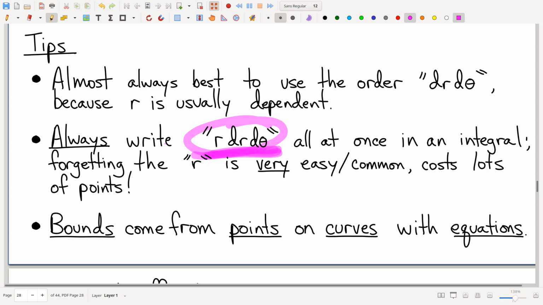If you just make a habit of never writing down dr d theta without writing r first, that will help prevent the always possible accidental screw-up where you forgot to insert your stretching factor and you leave money on the table. You just forgot. Happens to the best of us.